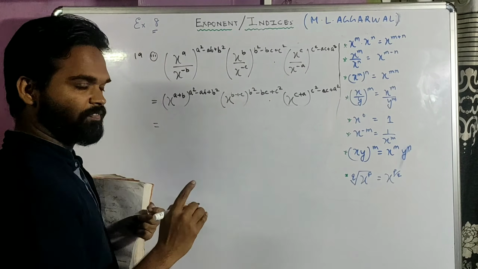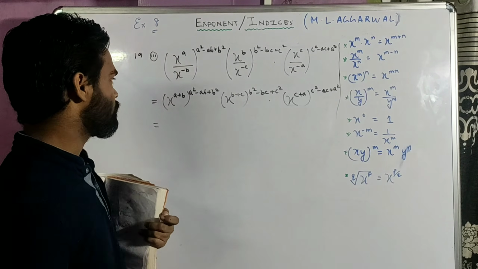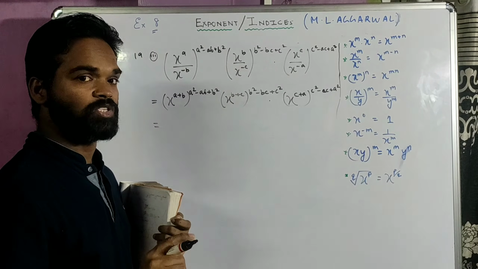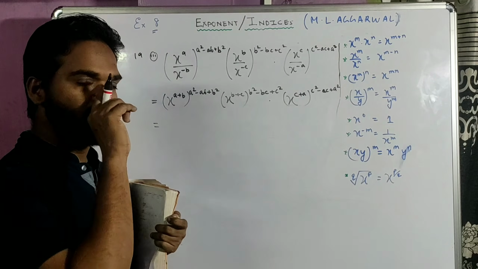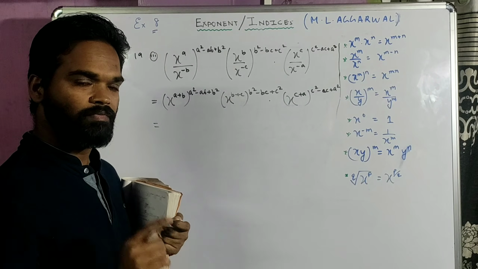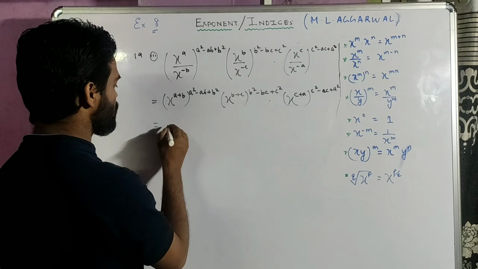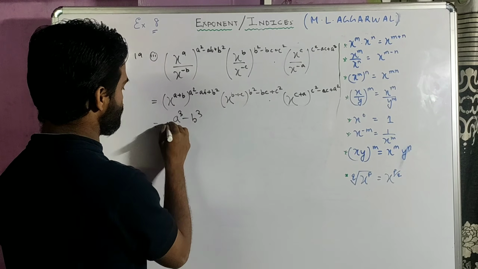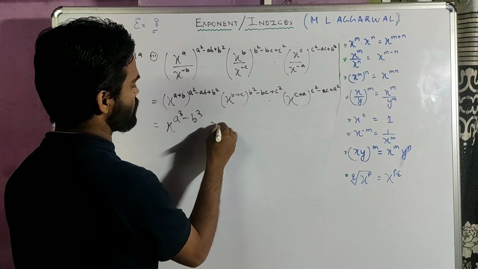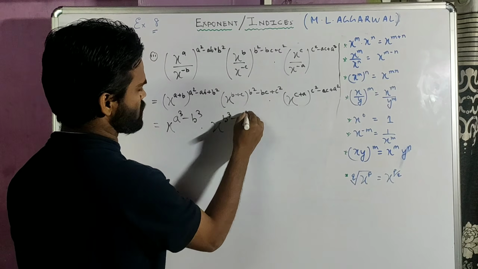Now if you look carefully, a plus b multiplied by a square minus ab plus b square is equal to a cube plus b cube. Factorization we have done, okay. So this becomes x to the power a cube minus b cube. This becomes x to the power b cube minus c cube.